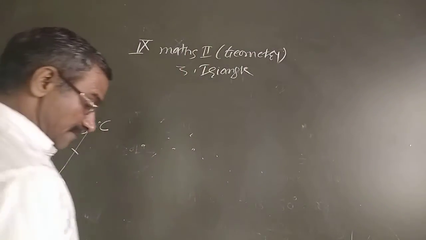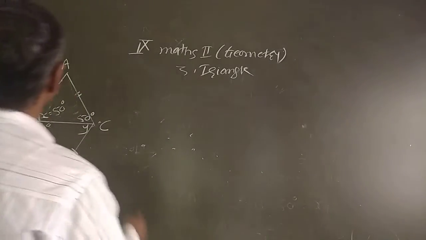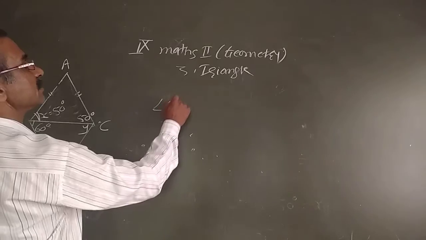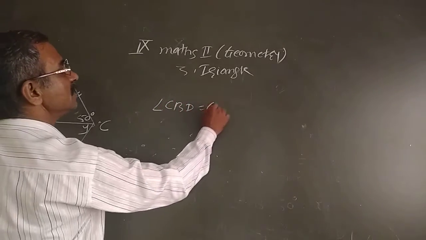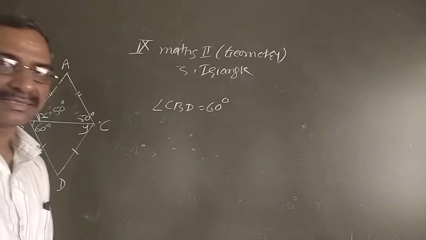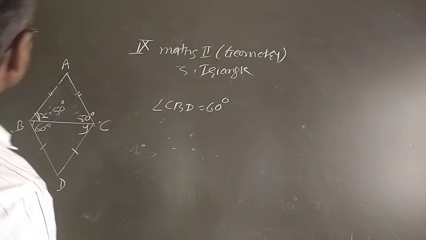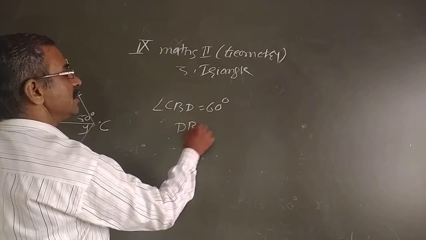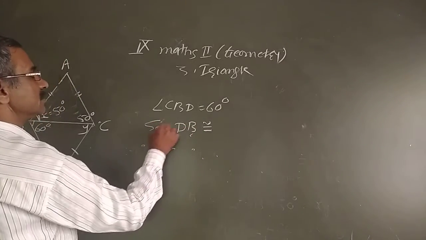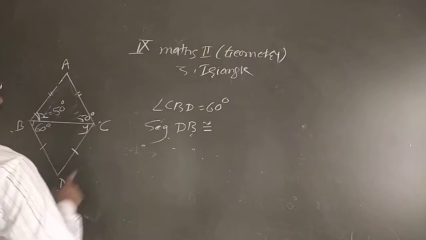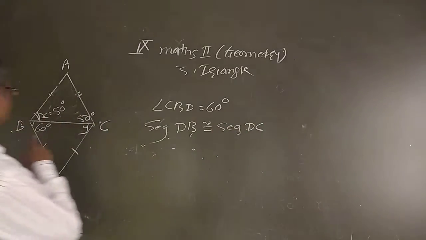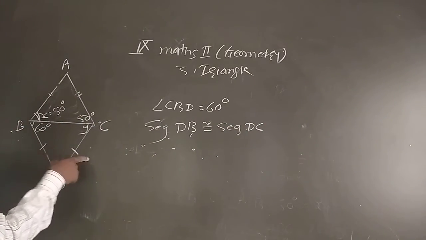Angle CBD is 60 degrees. As well as that, segment DB is congruent with side DC, meaning the lengths of both sides are equal.